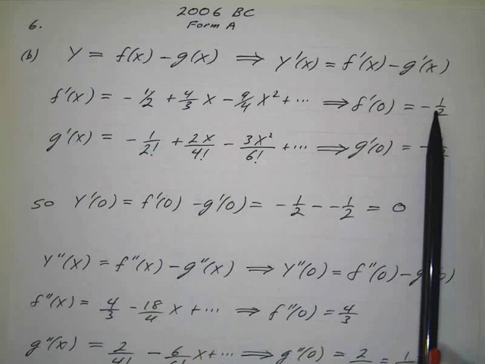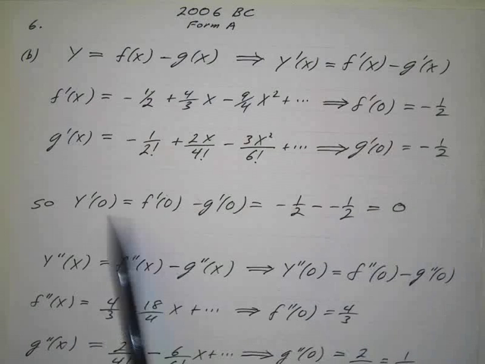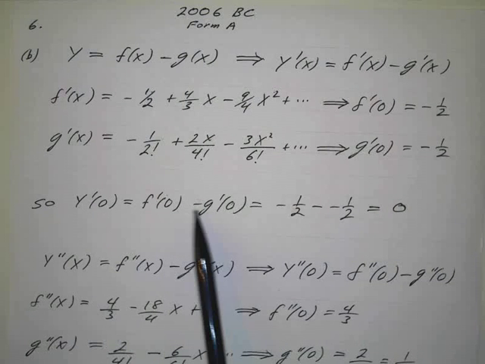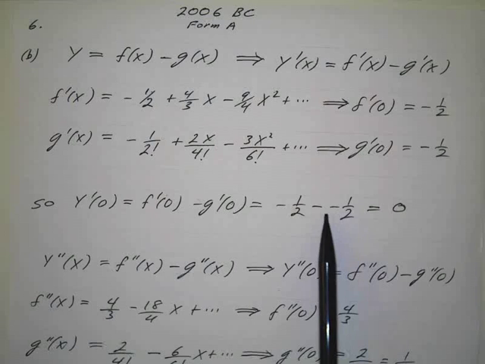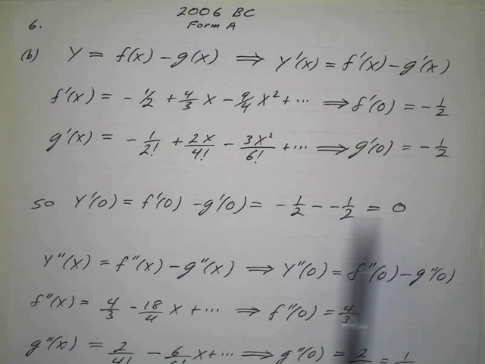So there's my f prime of 0, and there's my g prime of 0, and y prime of 0 equals f prime of 0 minus g prime of 0, which is -1/2 minus -1/2, which is just 0.